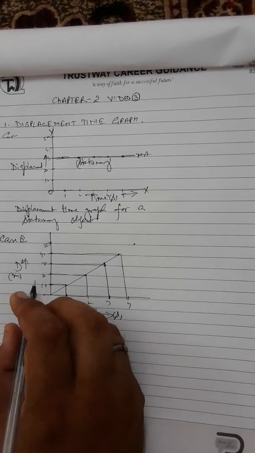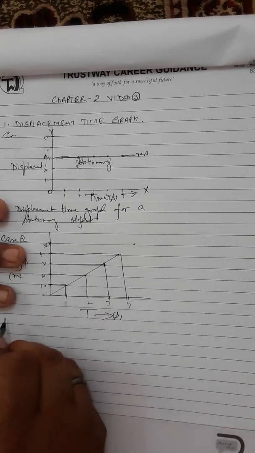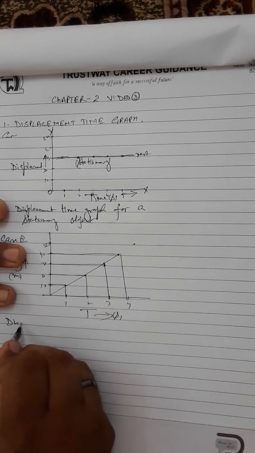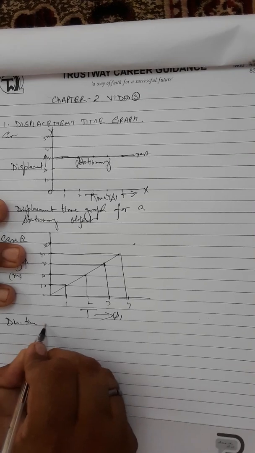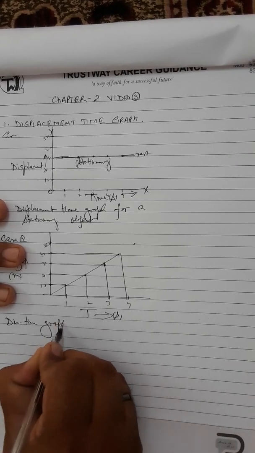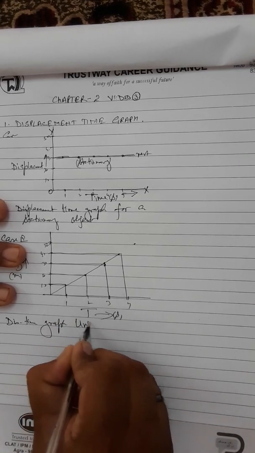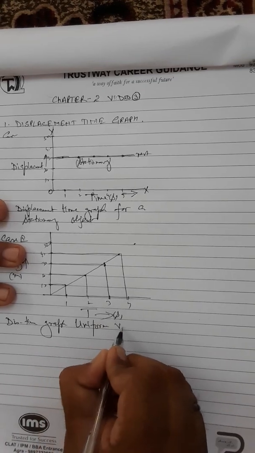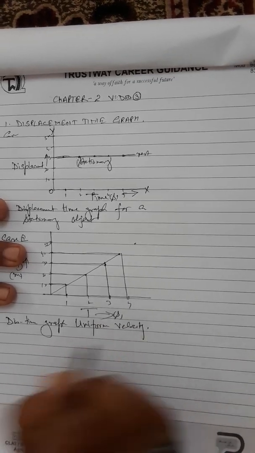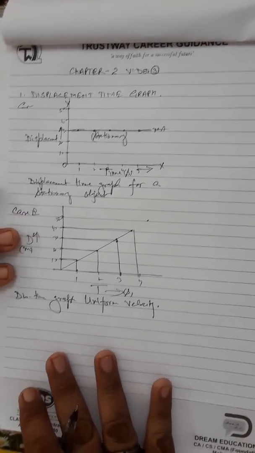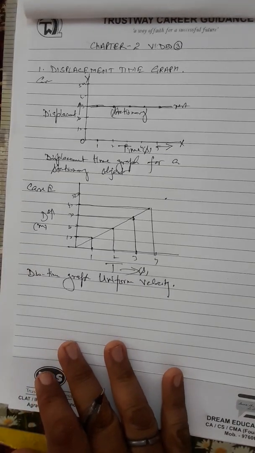This displacement time graph is of uniform velocity. Clear? By this displacement time graph, we can calculate how much the body is displaced, or the slope can also be calculated.